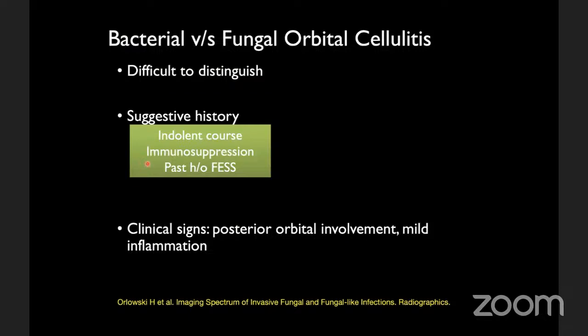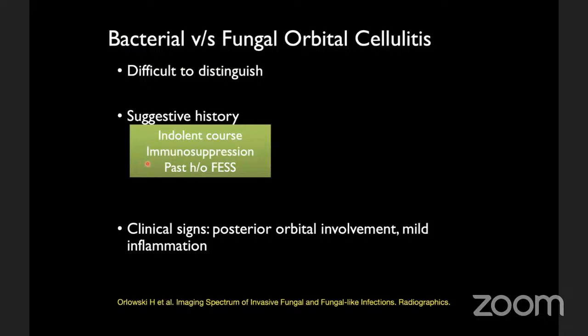So now we've talked about bacterial cellulitis being the most common form of orbital cellulitis, especially in children. Now, that versus fungal. So what are the pointers of a fungal orbital cellulitis? Firstly, clinically, it might not be very different in terms of presentation. However, certain fungal orbital cellulitis can present very slowly, with lesser signs and symptoms in comparison to bacterial.